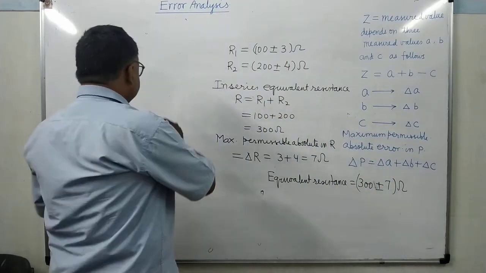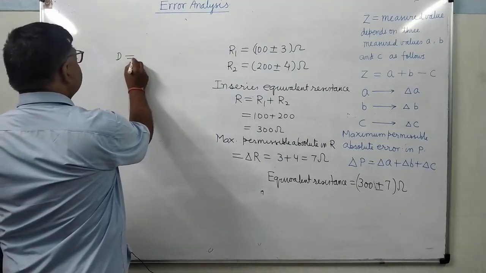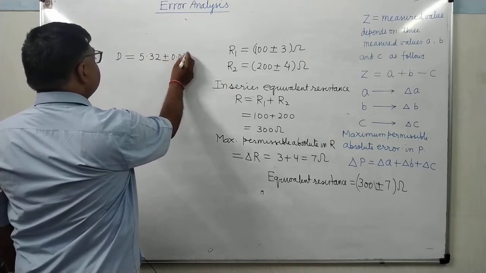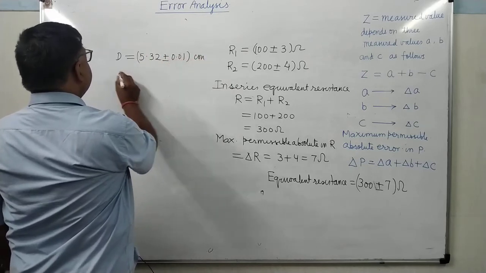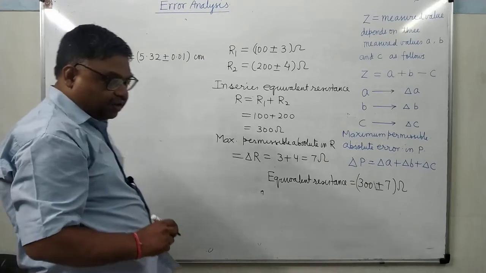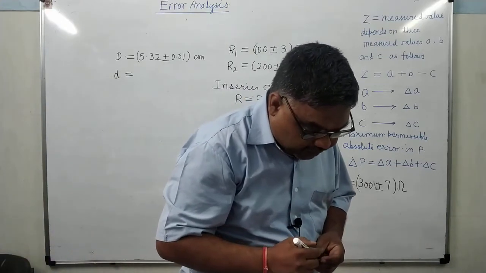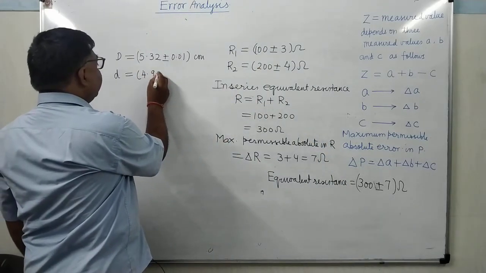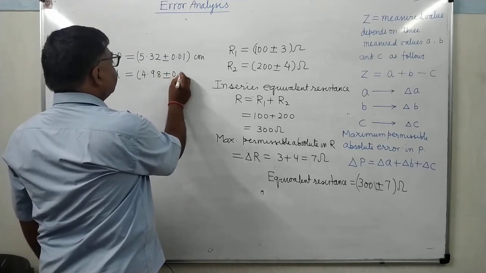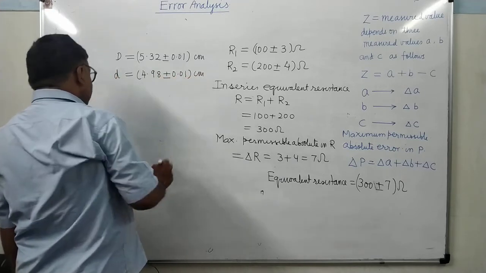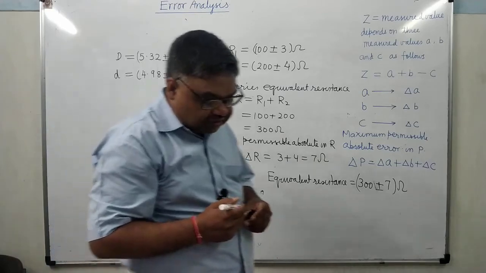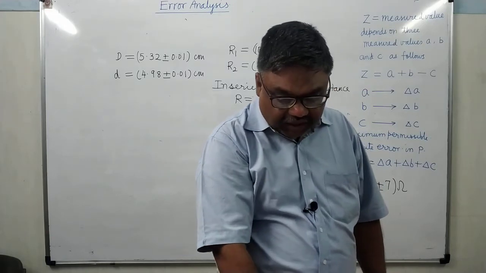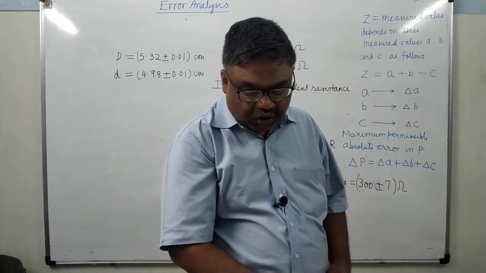Here the external diameter, capital D, is given as 5.32 plus minus 0.01 centimeter, while the internal diameter, small d, is given as 4.98 plus minus 0.01 centimeter. You have to compute the thickness of the wall of the cylinder with error limits.